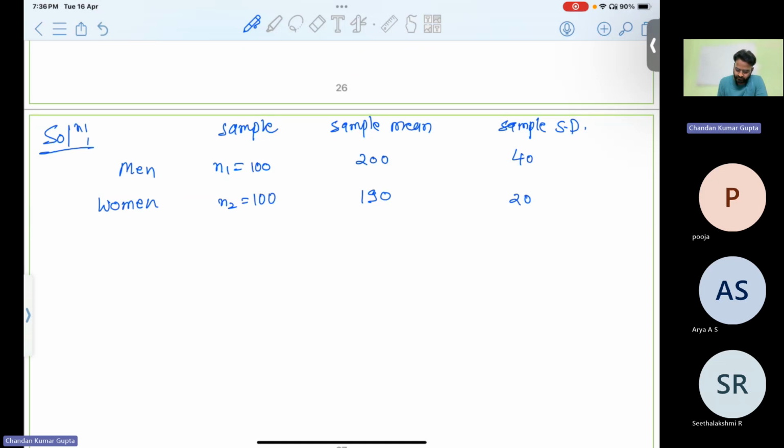The first step is to frame the hypothesis, which is H naught: mu1 is less than or equal to mu2, or mu1 is greater than or equal to mu2. Actually, in this question, we need to check this. So we will equate it, mu1 equal to mu2 or mu1 less than mu2, against H1, which is mu1 is greater than mu2.